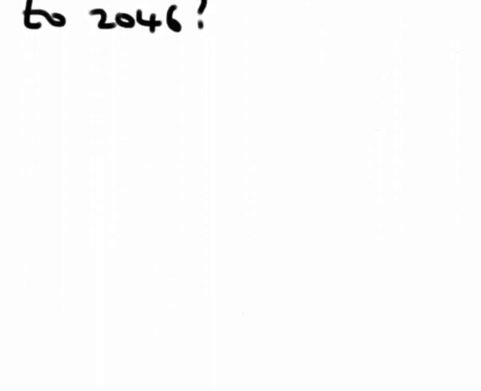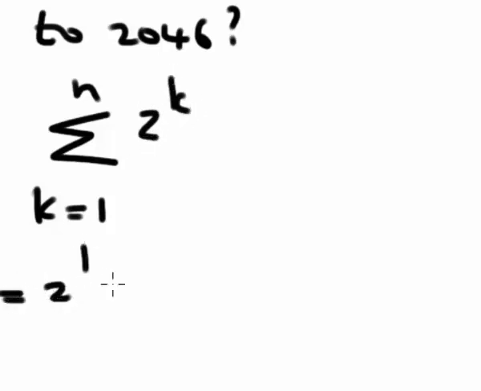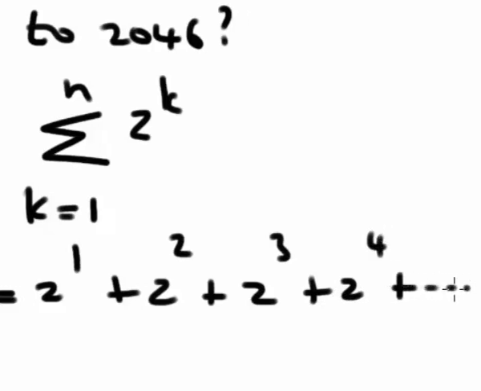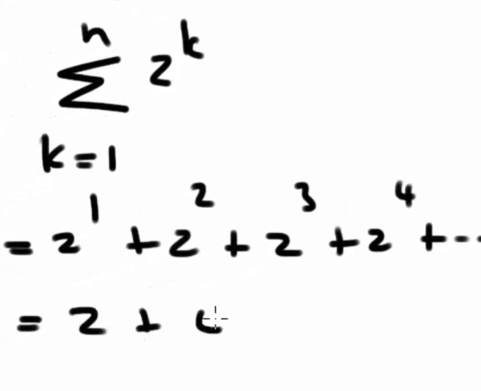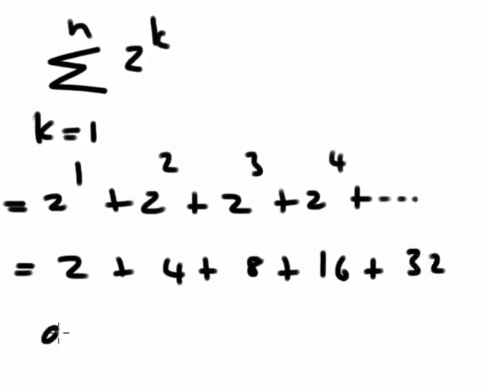Let's have a look at our series. We're going to have to expand it first. It's 2 to the 1 plus 2 squared plus 2 cubed, and it looks like it's geometric, going all the way to the end. That gives you 2 plus 4 plus 8 plus 16, and I'd guess 32. The first term is 2, the constant ratio is 2, you keep multiplying by 2.